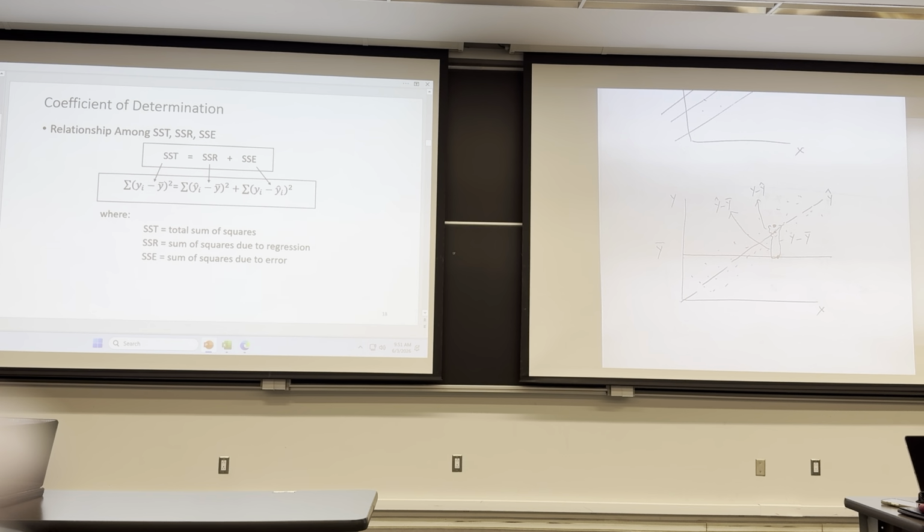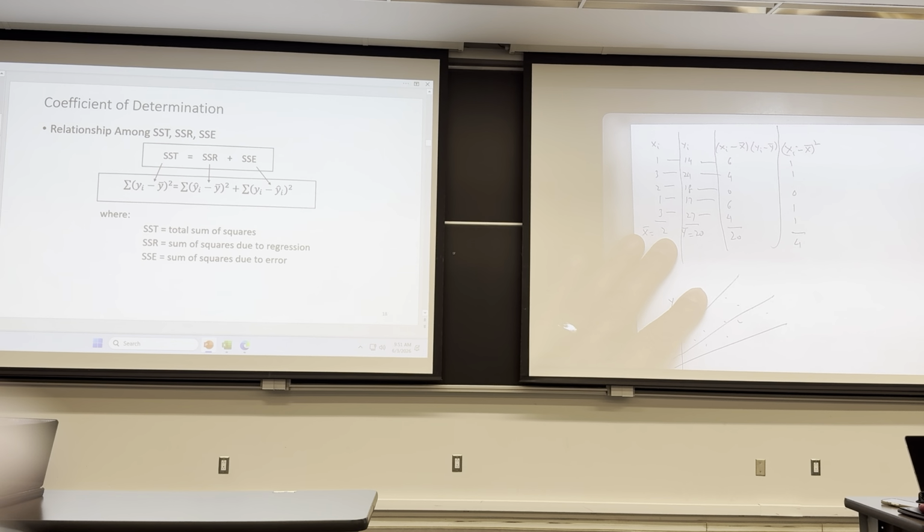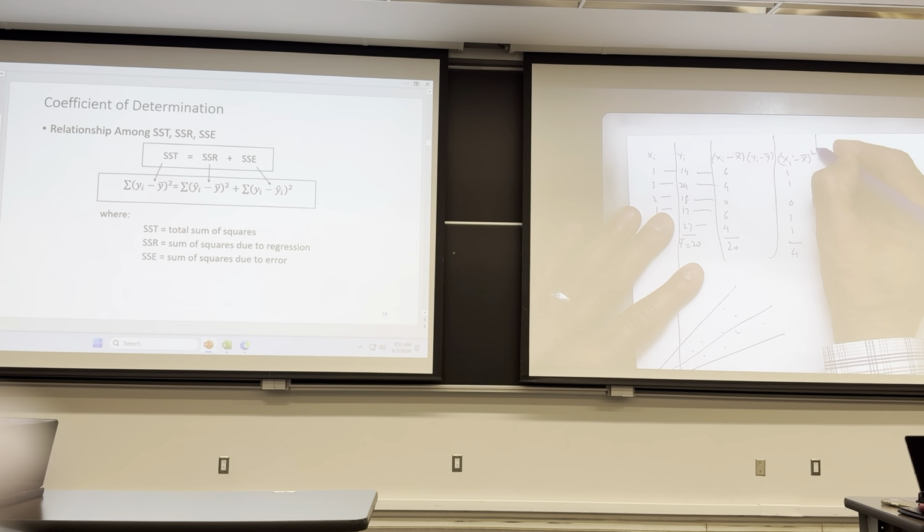So what I'm going to do over here is some more calculation. I have another column. Let's call it SST. And SST is simply yi minus y bar squared.